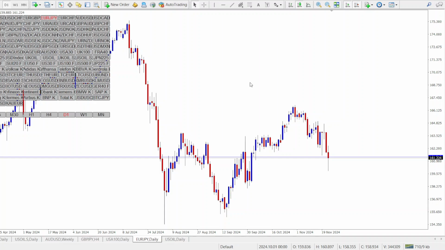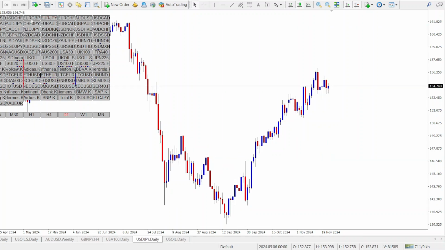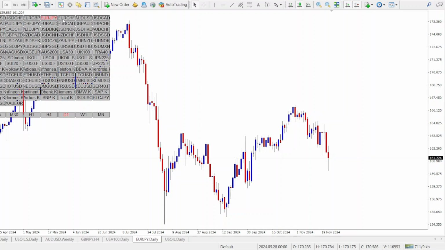If you are the type of trader who trades with different styles, maybe in terms of trying to manage your risk, maybe you decide to hedge across different currency pairs that have a similar symbol. For example, let's say you want to hedge across Euro JPY, Euro CHF, and maybe USD JPY. If you want to hedge across them, then this indicator is going to make it really easy for you to swap the charts.